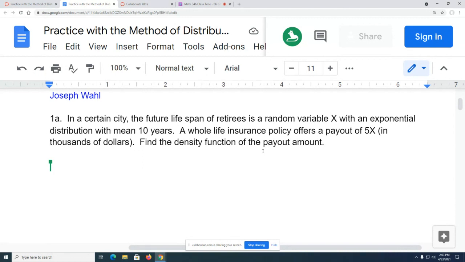And then write the distribution function, big F, of u or y in terms of x and little u or little y.